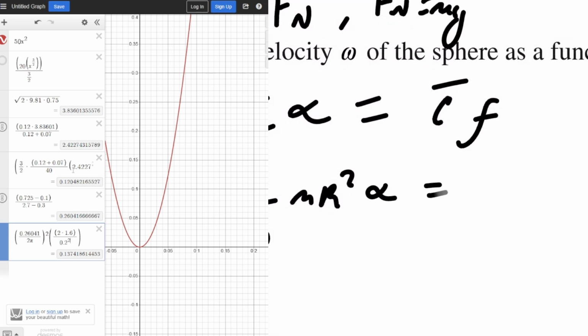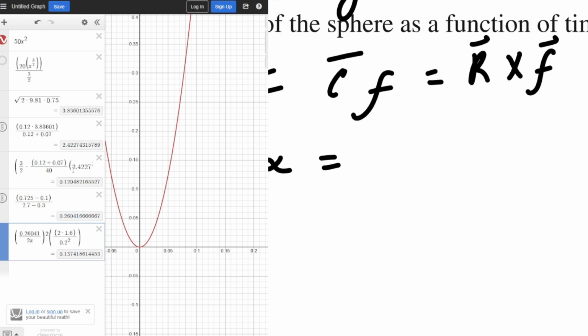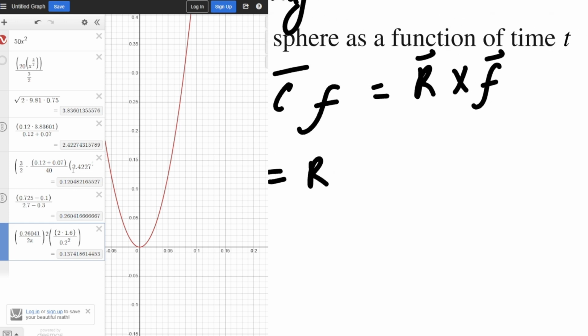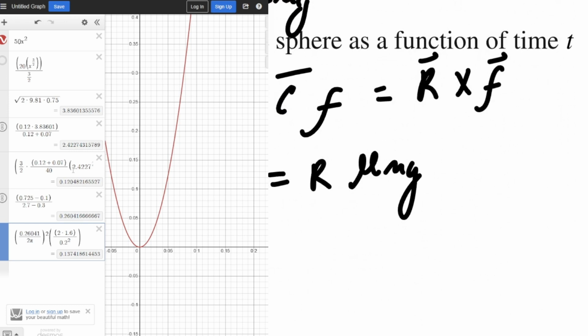times angular acceleration has to equal, well, torque is radius cross force. And the radius of the sphere is just its own radius. Friction is mu mg, as we said earlier, right? And sine of the angle between the two, friction's at 90 degrees.